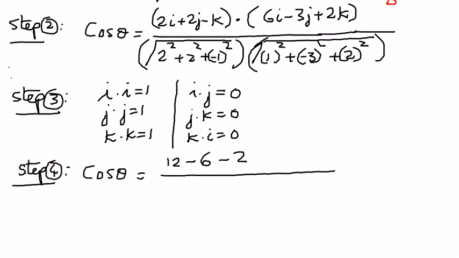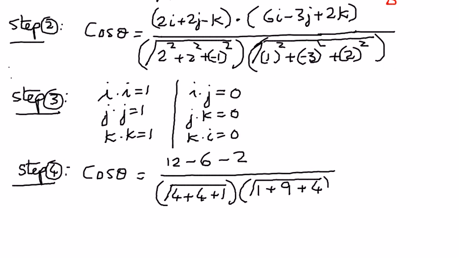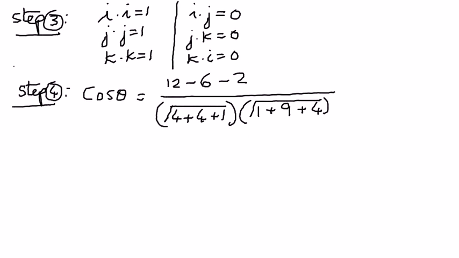In the denominator, we're going to simplify these radical terms. So we have 2 squared is 4, 2 squared is 4, negative 1 squared is 1, so that is under the radical term, times 1 squared is 1, plus negative 3 squared is positive 9, plus 2 squared is 4, under the radical term. So we'll simplify this some more.